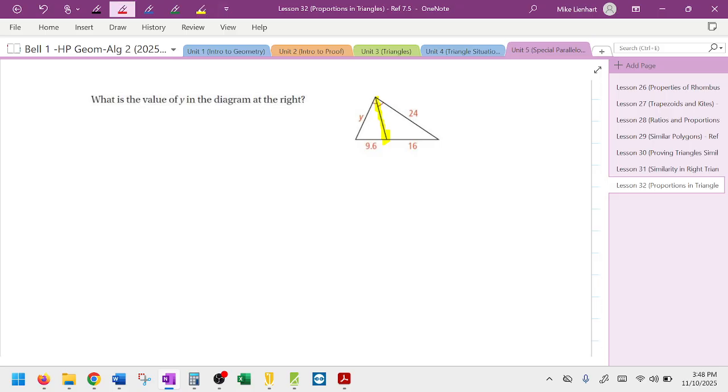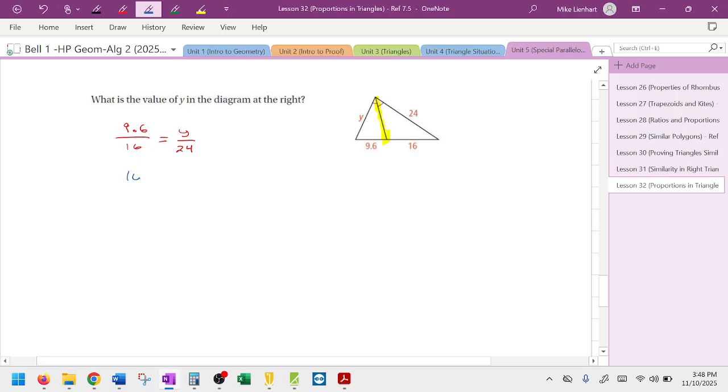I notice that the angle bisector tells me it splits the side into a ratio, 9.6 over 16. And that ratio is comparable to its corresponding sides, y over 24. Notice 9.6 and y are both on the top, 16 and 24 are both on the bottom.